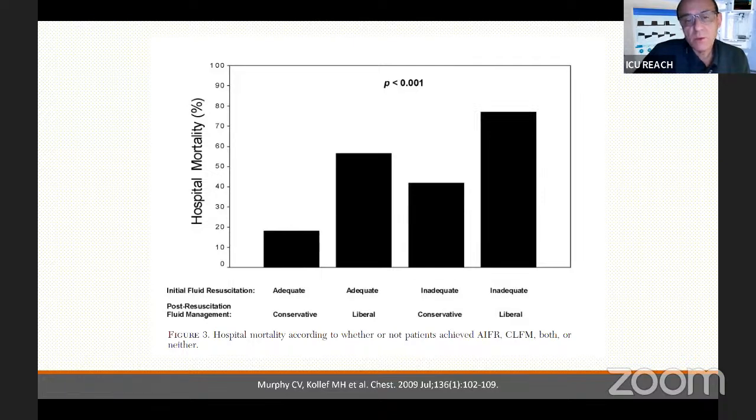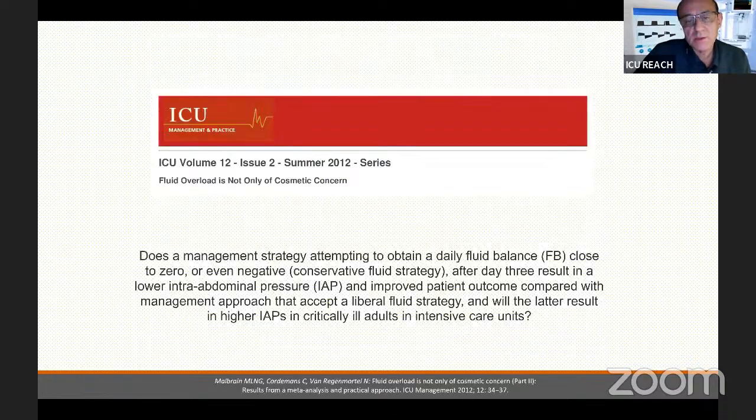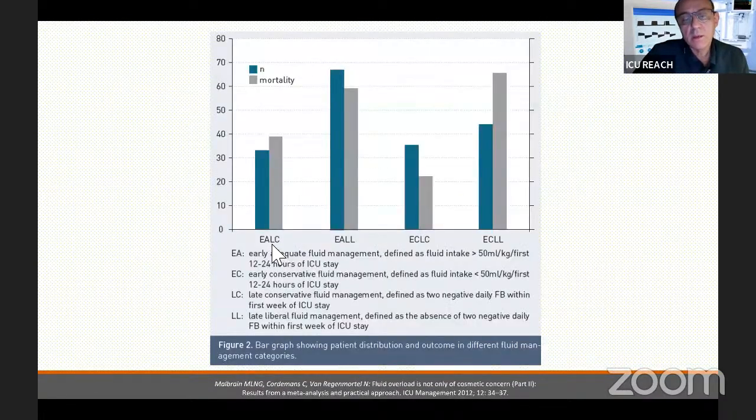Same thing was actually also shown in another study in 2012, that early adequate fluid management and late conservative management is associated with better outcome. But those studies are observational studies.